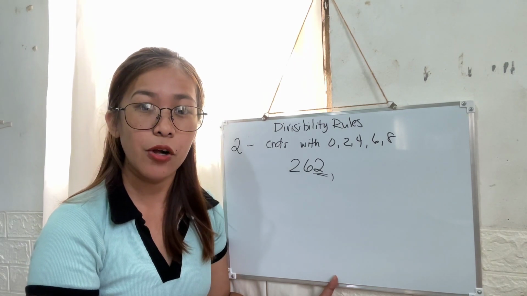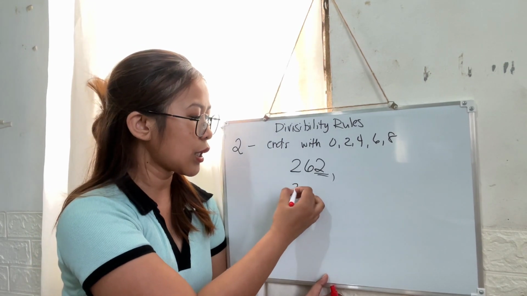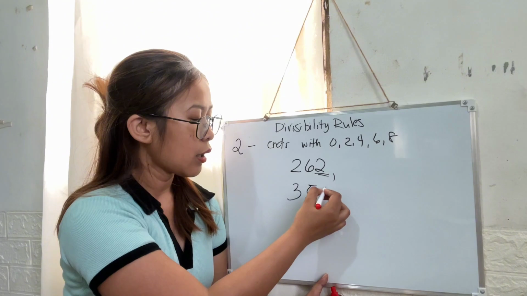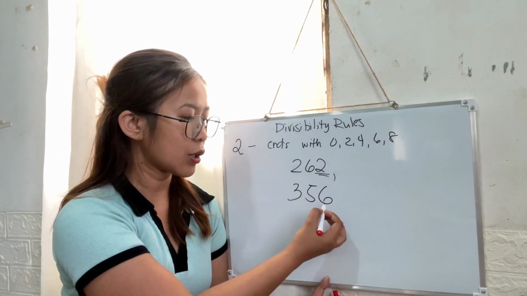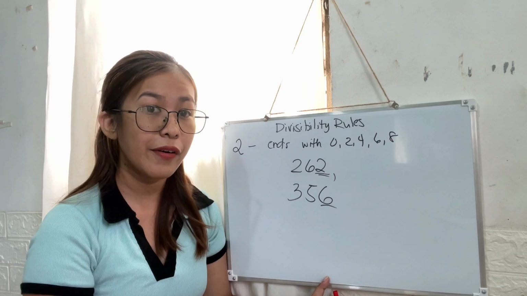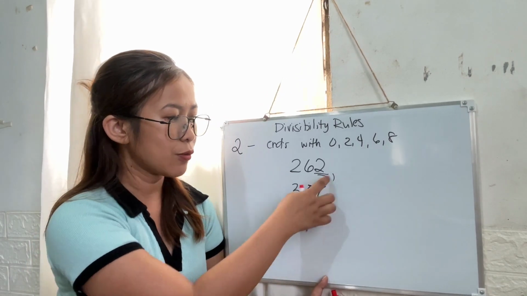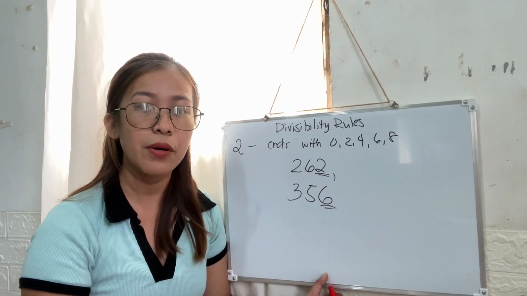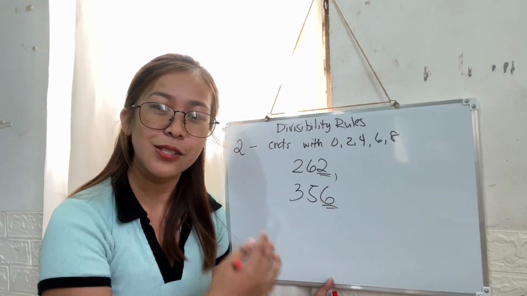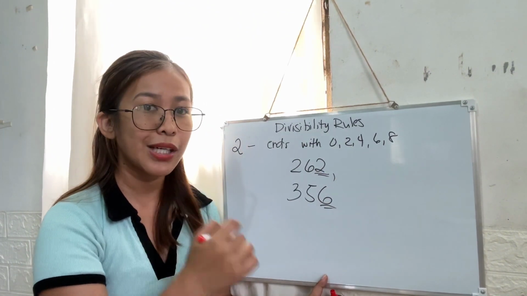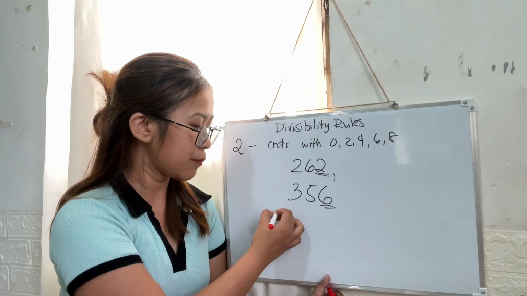So, that's what divisible means, right? Also, 356. It is also divisible by 2 because 6 is an even number. Yan, yung mga dulo, yung mga end ng number. Basta yan ay 0, 2, 4, 6, 8, then that number is divisible by 2. Also, let's make it a bigger one. Let's say we have 7,230.